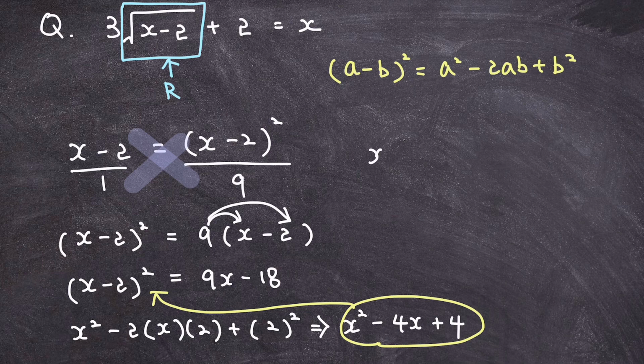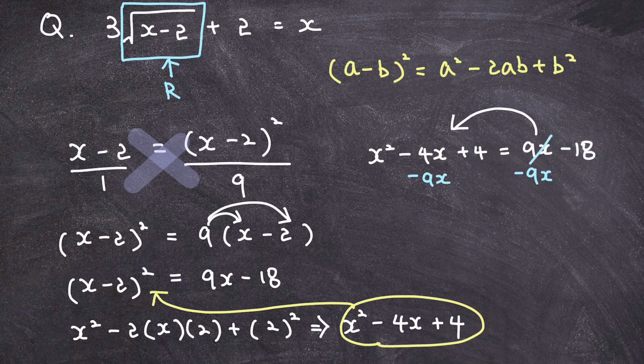I have x squared minus 4x plus 4 is equal to 9x minus 18. So it seems like I have a quadratic equation, so let's collect all the like terms together. I can just subtract 9x from both sides to get rid of the x term from the right side.